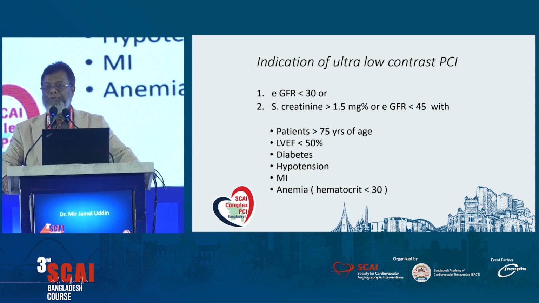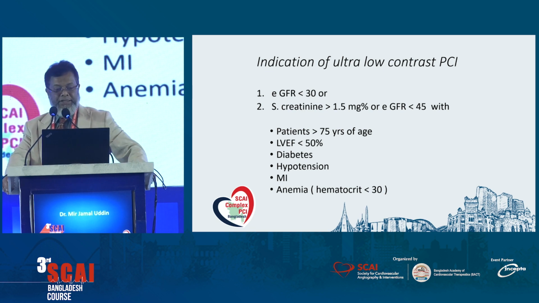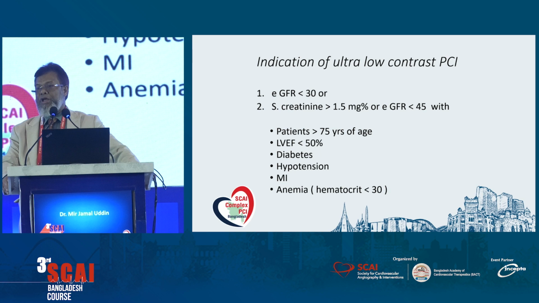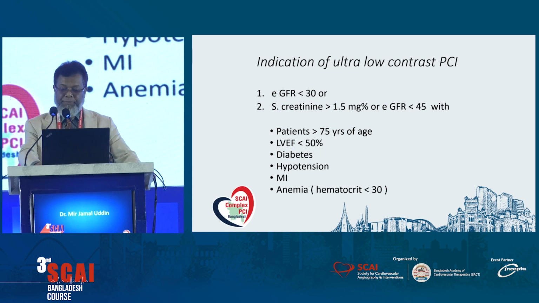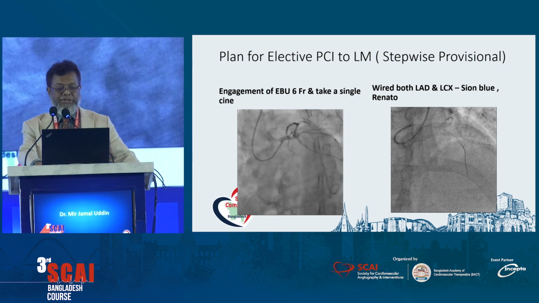In the morning we have seen from National Heart Foundation Hospital and Research Institute: eGFR less than 30 or serum creatinine more than 1.5 milligram per deciliter, eGFR less than 45 with patients more than 75 years of age, LV ejection fraction less than 50%, diabetes, hypertension, myocardial infarction, anemia, hematocrit less than 30. These are the suitable candidates for ultra low contrast angioplasty.